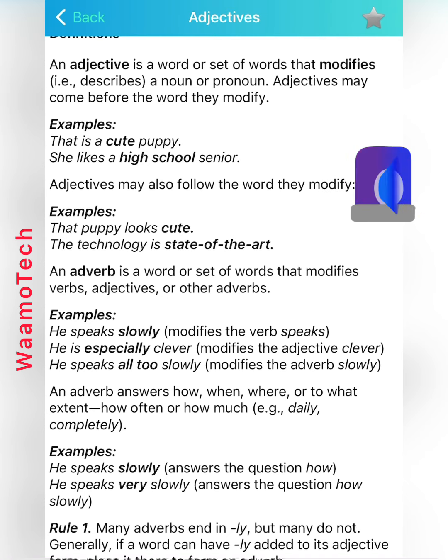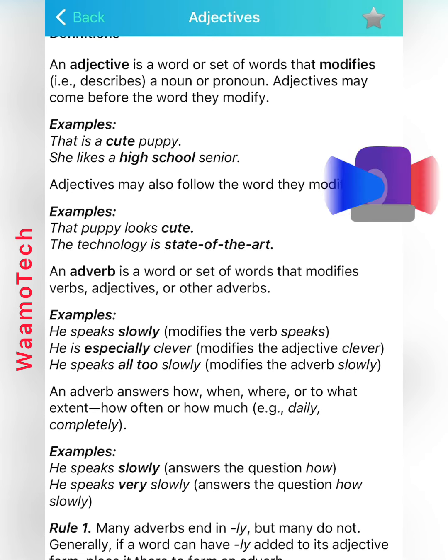We can have a clever man, a clever woman, a clever puppy, a clever chick or something. So whenever you use the word clever, it's a modifier of a noun or a pronoun. It is an adjective, sorry. And the word especially, which is an adverb, is now explaining clever. It's modifying the adjective clever.